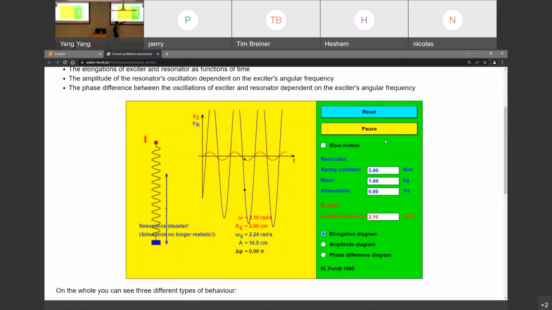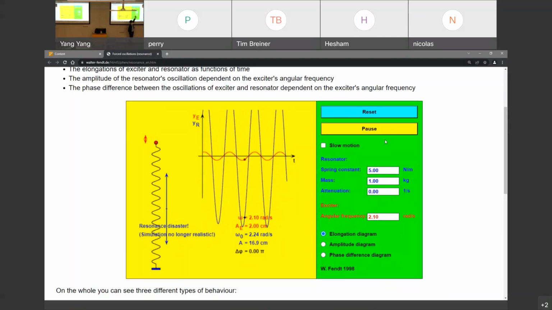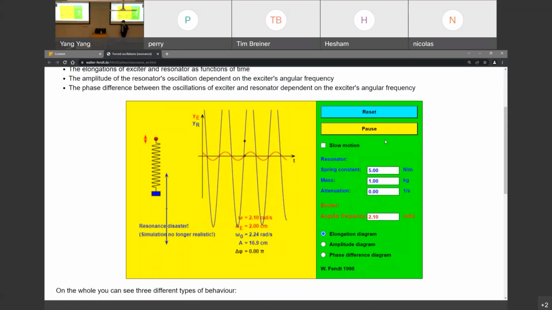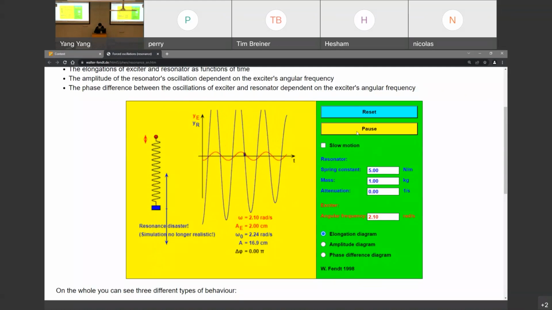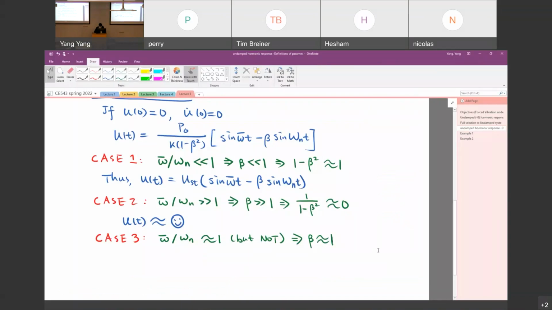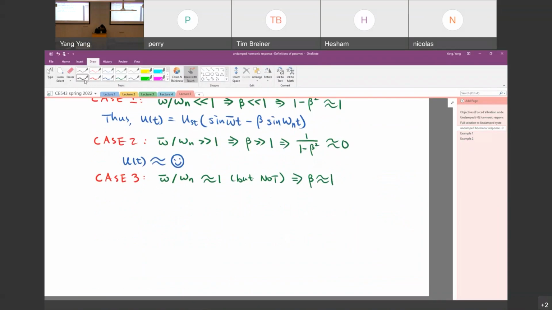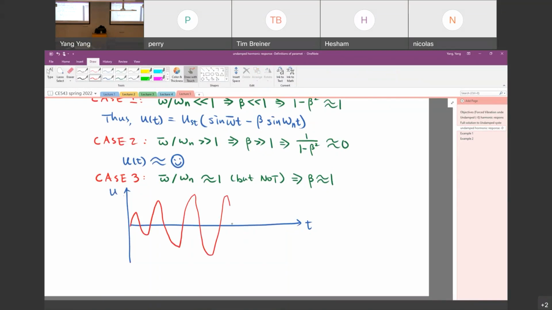So if the frequency of the exciter is close to the natural frequency but not equal to, you will have a response that goes bigger and bigger, kind of like this.